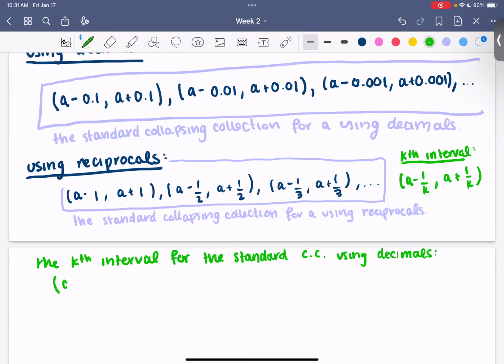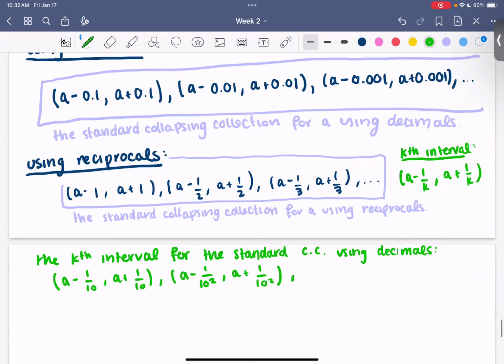So this would be a minus 1/10 to a plus 1/10. The second interval is a minus 1/100, which is 10 squared, up to a plus 1/10 squared. And then the third one is a minus 1/10 cubed, up to a plus 1/10 cubed, and so on.